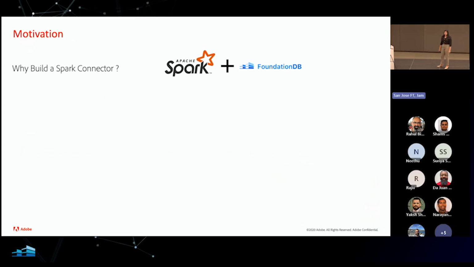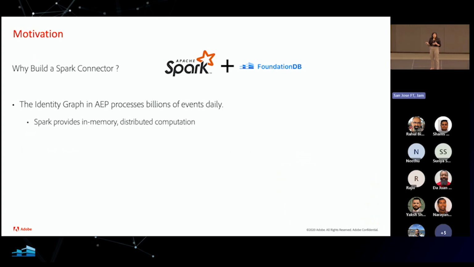All right, before we talk about it, let's get a sense of why we need a Spark connector for FoundationDB. In Identity Graph in AEP, we process billions of events, around 30 billion plus, including both batch as well as streaming modes.